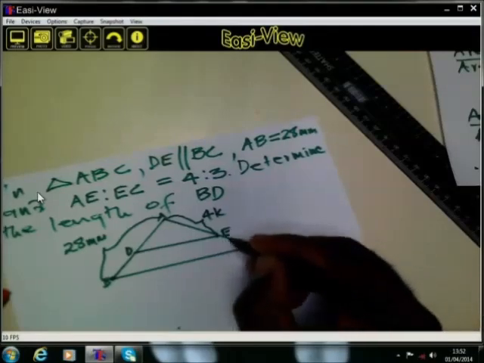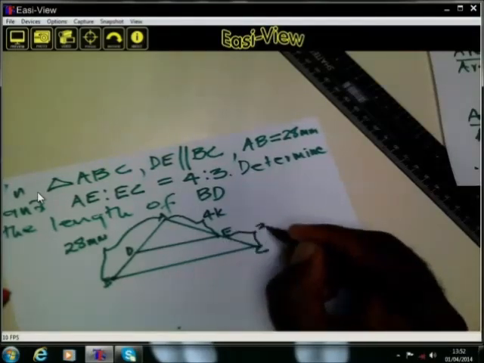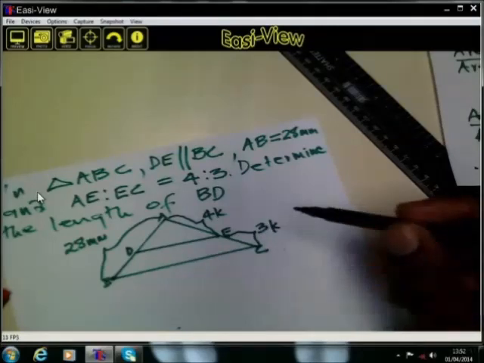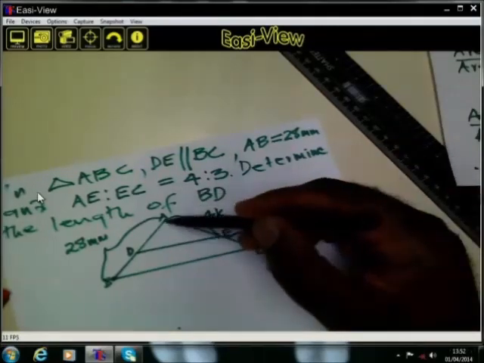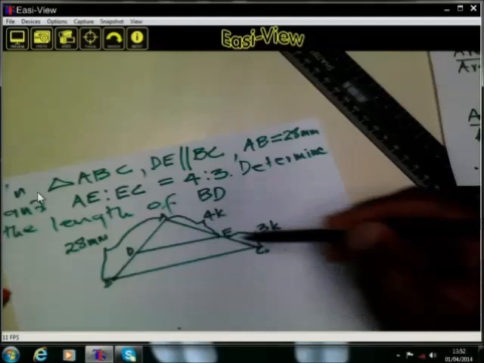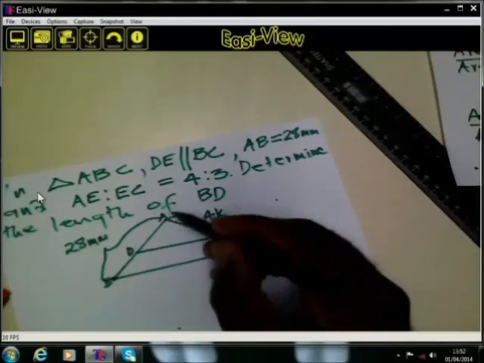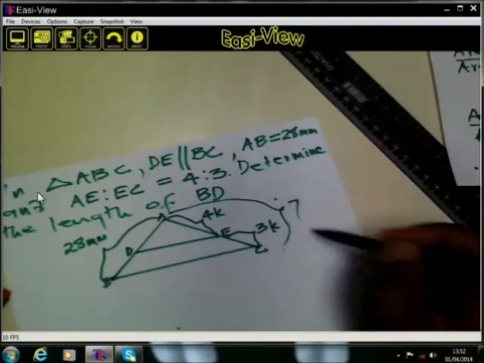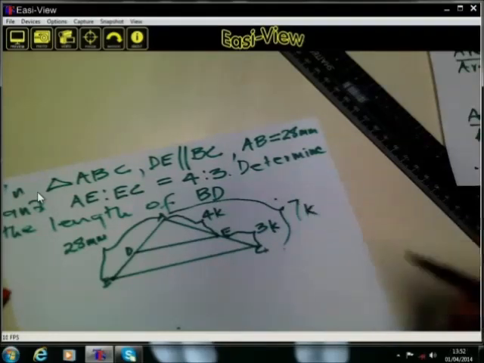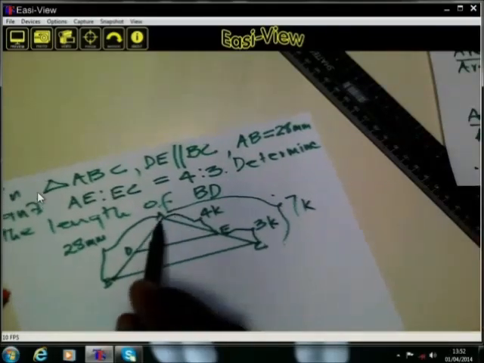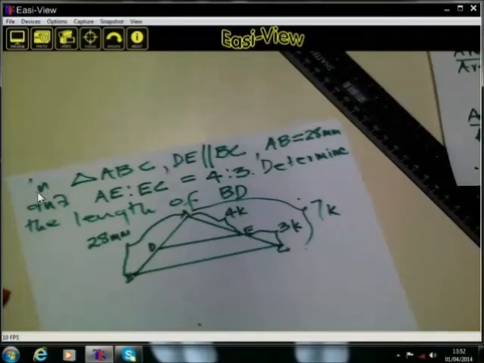EC will be 3 units, which will be 3K. Such that the whole side AC must give you 7 units long. That is from here to here. Now they say you must determine what?